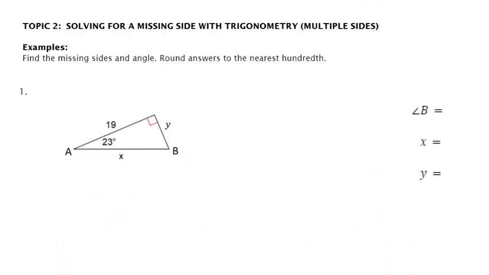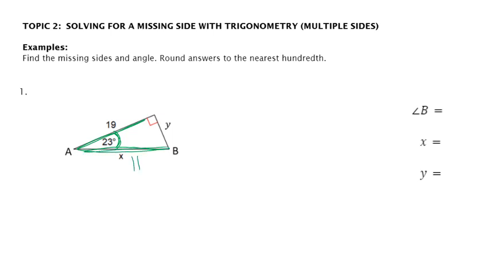For the last example, a lot of different ways you can do this problem. It's basically solving all the remaining sides and angles. So I'm going to go ahead and just solve for x and y. You can use Pythagorean theorem once you get one of the sides. I'm going to use trig for both just so you can see more examples with trig. But again, lots of ways to do this last problem. So I'm going to take this 23-degree angle and label everything out.